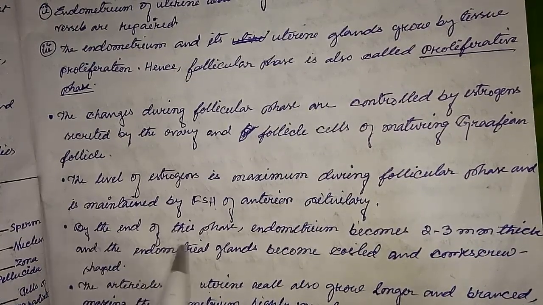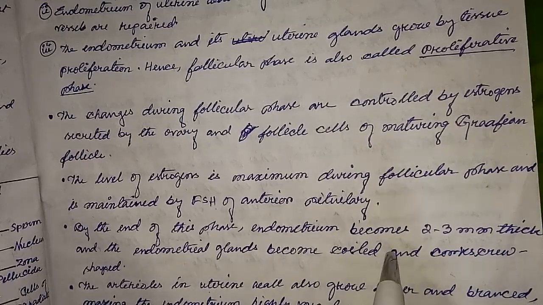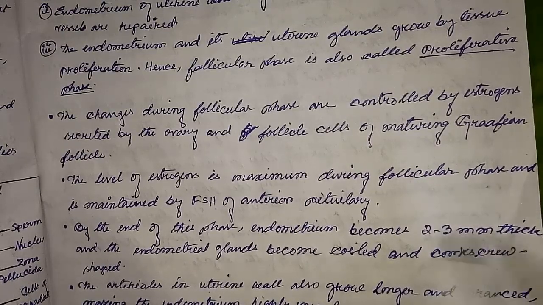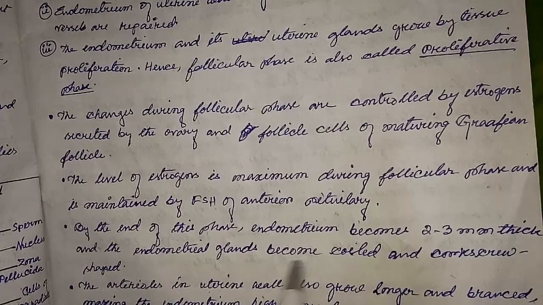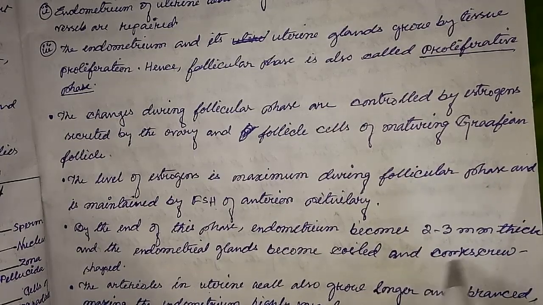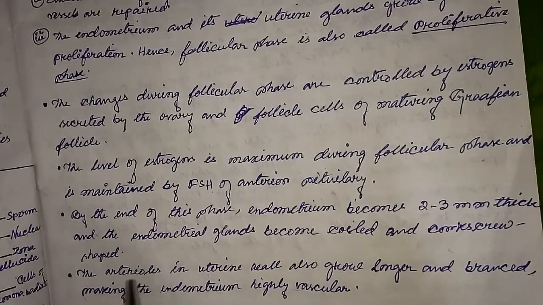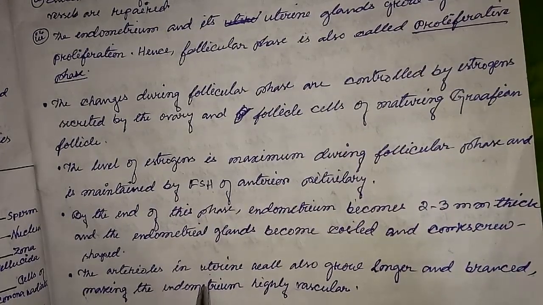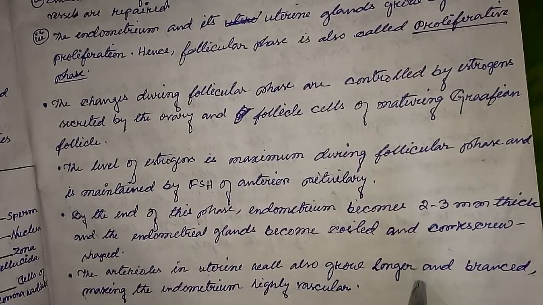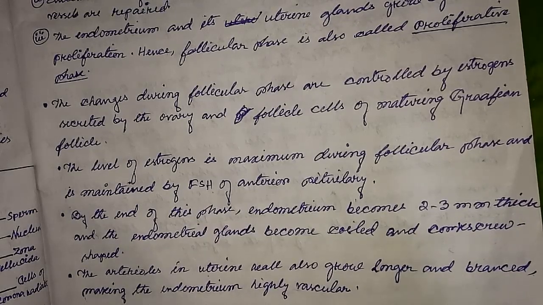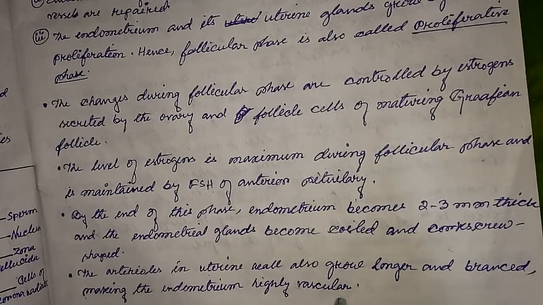By the end of this phase, the endometrium becomes 2 to 3 mm thick and the endometrial glands become coiled and corkscrew shaped. The arterioles in the uterine wall also grow longer and branched, making the endometrium highly vascular.